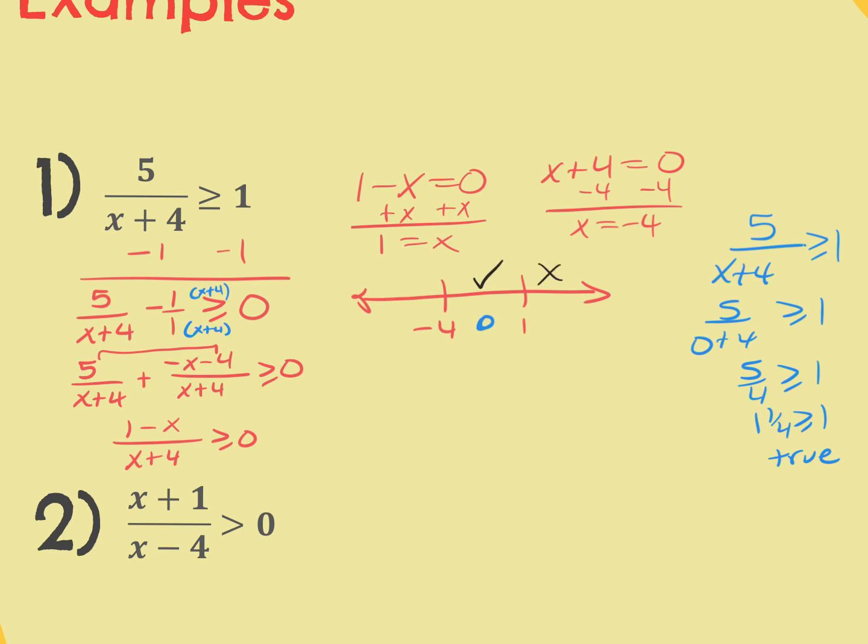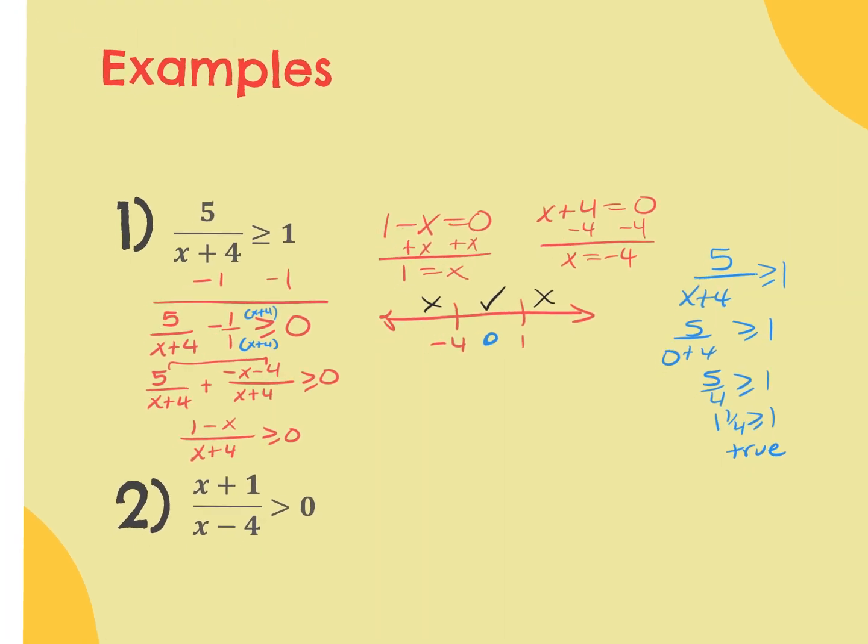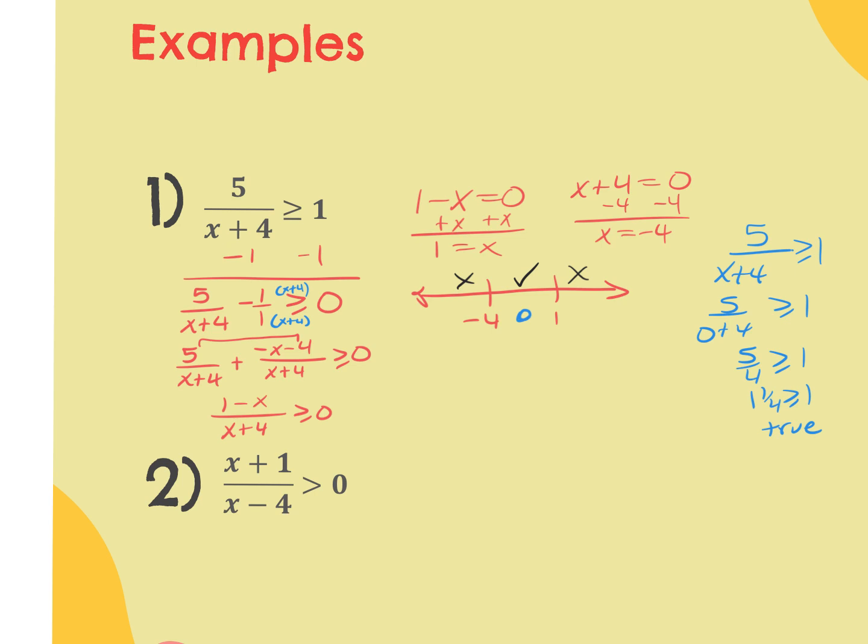This gets the x's. So my final answer here in interval notation is going to be negative. Now, when it's a greater than or equal to, remember it was always brackets. However, remember the denominator, if it equals negative 4, it's undefined.